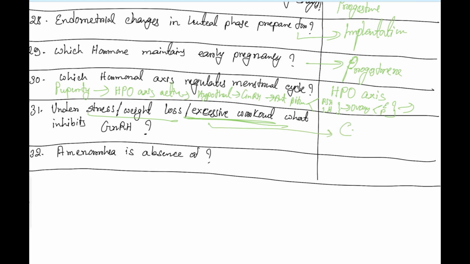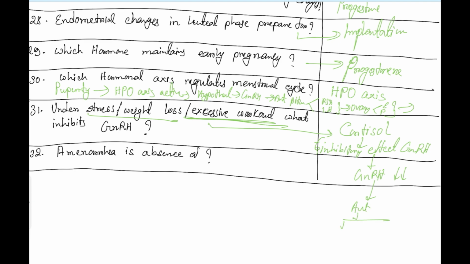Because under stress, cortisol will be released, right? Stress hormone. This cortisol has an inhibitory effect on GnRH. If cortisol secretes and shows its inhibitory effect on GnRH, then GnRH is secreted in less amount.